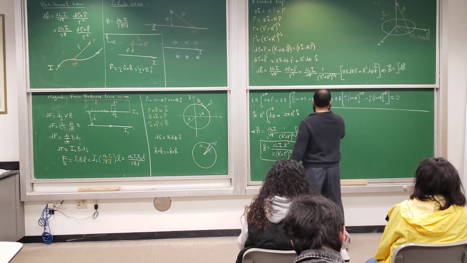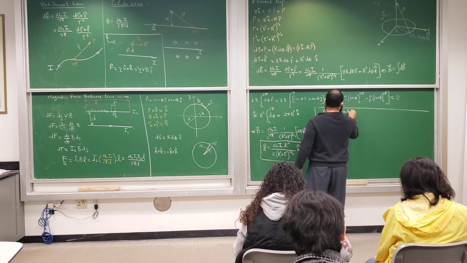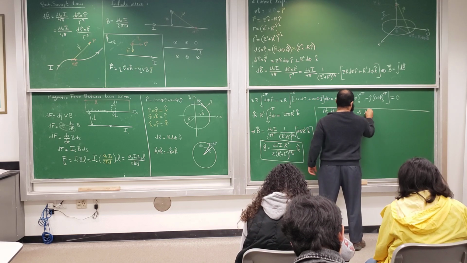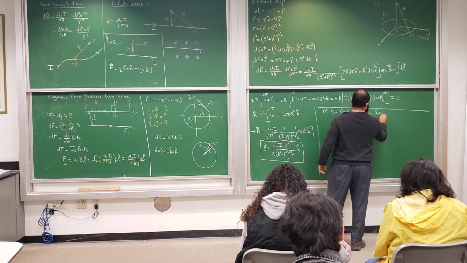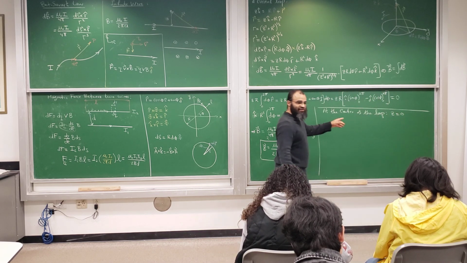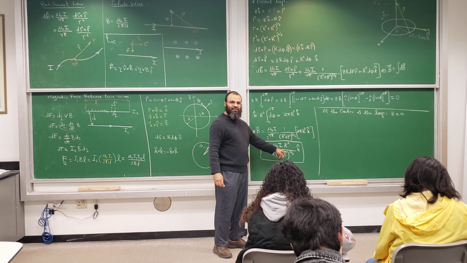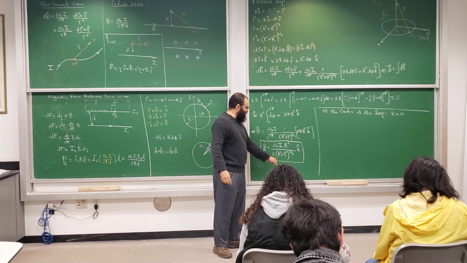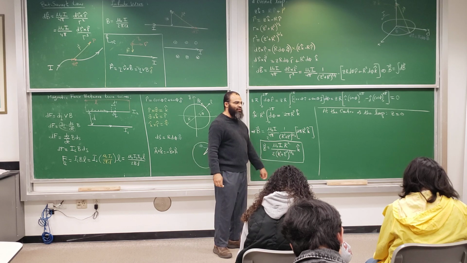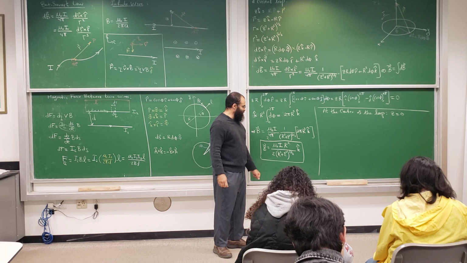let's see. So at the center, z is equal to 0. Let's substitute 0 for z. What is r squared to the 3 halves? Just r cubed.